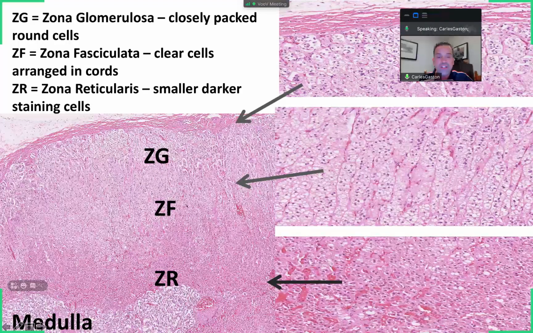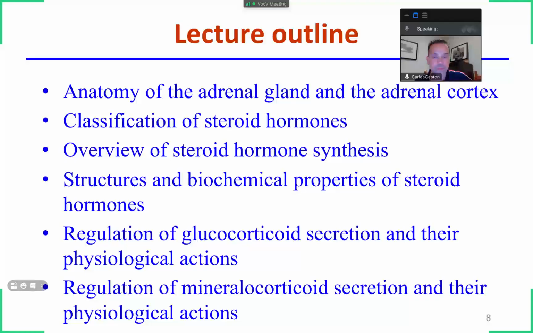And then we have the zona reticularis. So we have done the major anatomy of the adrenal gland and specifically of the adrenal cortex.